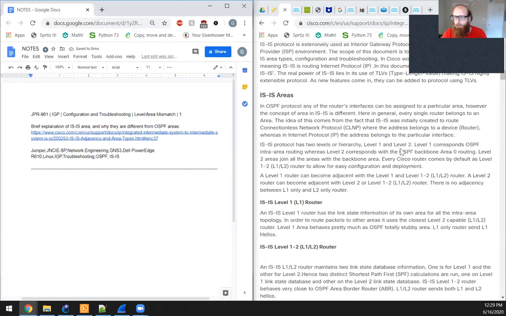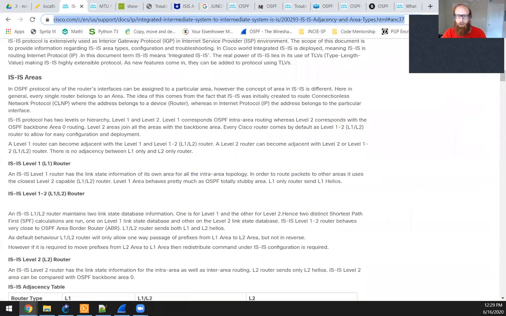They are different because ISIS routes connectionless network protocol, but OSPF routes internet protocol. Because of that, OSPF can do it per interface, but ISIS only has the ability to do it per router.